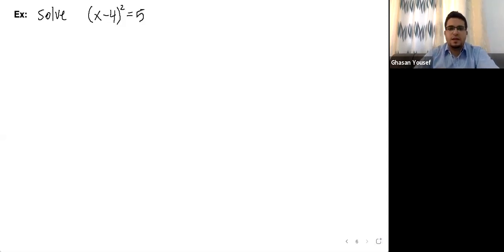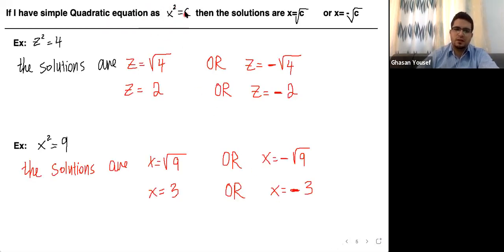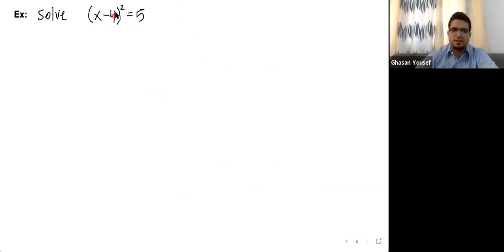This equation again is close to the simple quadratic equation. Look, x squared equals c: something raised to the power 2 equals a number. If we go back, (x minus 2) raised to the power 2 equals a number. So the same steps we're going to use.